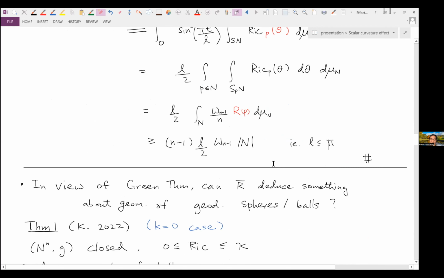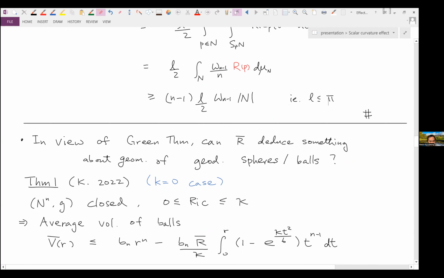So with this in mind, I considered the problem of whether we can make use of this argument to deduce something about the size of the balls or the size of the geodesic spheres.